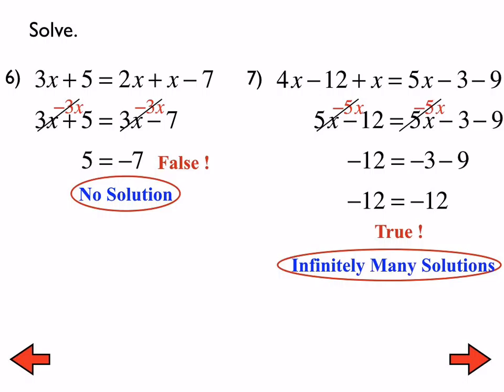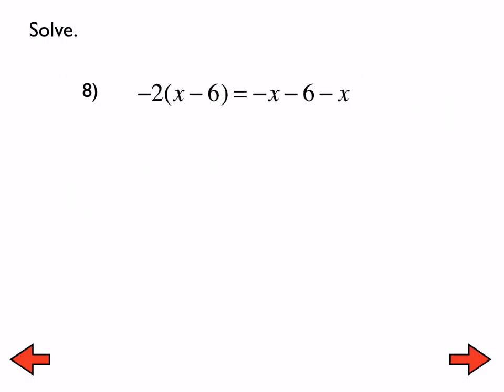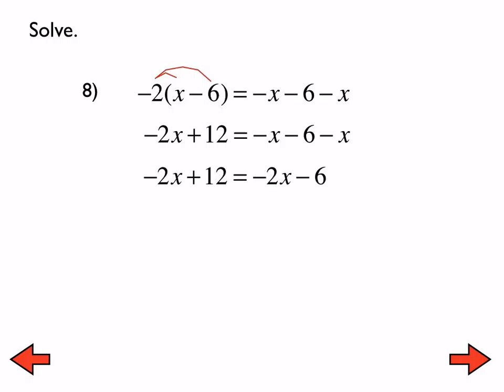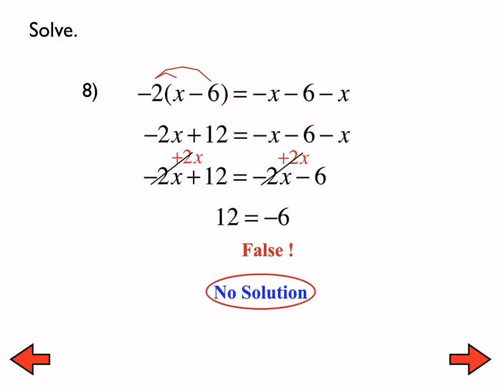Number 8. So I did 2x plus 12 equals negative 2x minus 6, and then you cancel out the negative 2x with negative 2x, and you get 12 is not equal to negative 6, so there's no solution. No solution. And number 9.